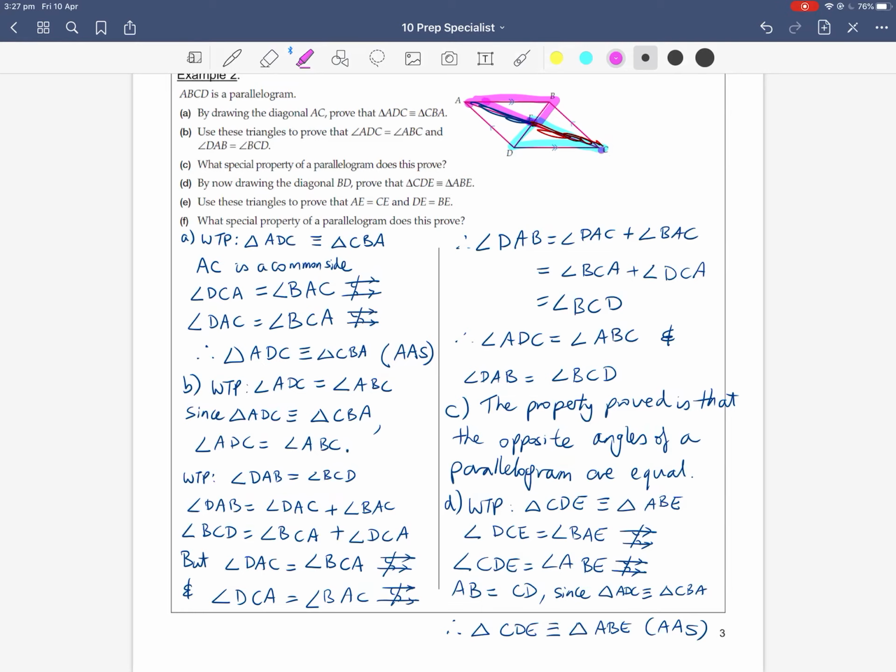So A to E is corresponding to C to E, and so that is why these two sides are the same. And the same can be said of B to E and D to E, because the blue and the pink triangles we proved in part D were congruent. Congruent means same side length, and so these two sides are the same.